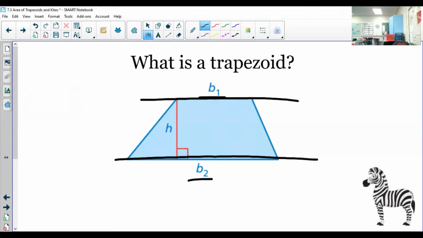So there's one base and two bases. Then a trapezoid also has a set of lines that are not parallel. Those two will eventually meet each other up there at the top. The measurements we need to figure out the area of a trapezoid are going to be the height, this right here, and we're going to need base 1 and base 2.